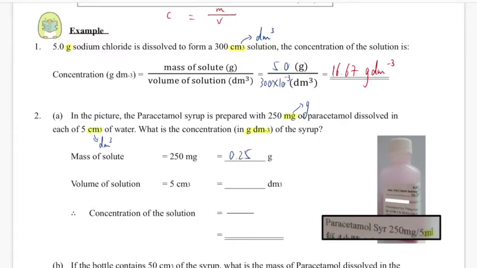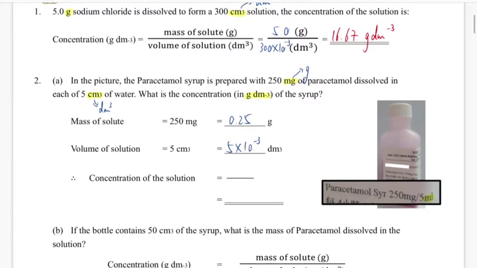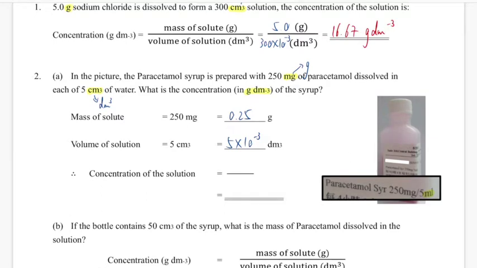And the volume of solution, 5 cm³, again divided by 1,000 or times 10 to the power of minus 3, would give you 0.005 dm³. Now we're ready to calculate the concentration. It would be the mass divided by the volume, and it will give us the final answer, which is 50 gram per dm³.